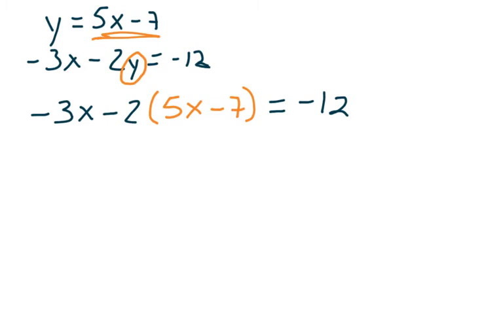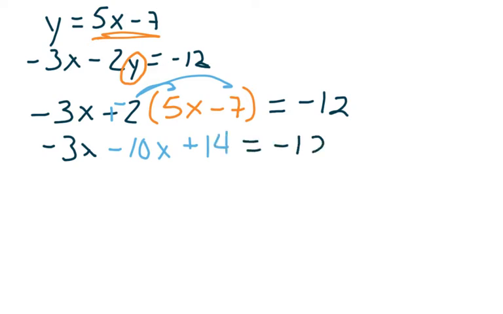So remember, this is a negative 2 that's being multiplied inside. So I have negative 3x, then it's a negative 2 times 5x, which would be a negative or minus 10x. Negative 2 times a negative 7 is a positive 14, and that's equal to my negative 12.